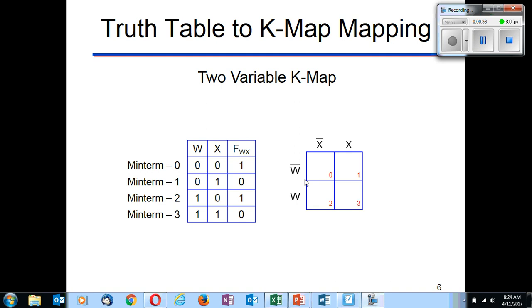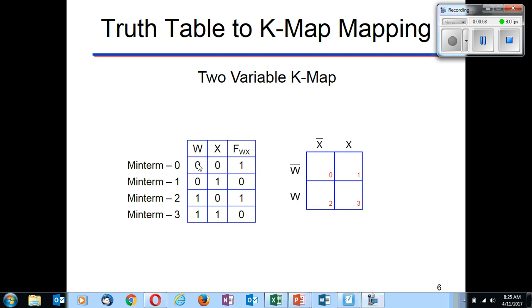Your K-map always has as many little squares as you have lines. So you can see that I have 1, 2, 3, 4 lines, so I have 1, 2, 3, 4 squares. The minterm itself gives me the coordinate where I'm going to put my 1.